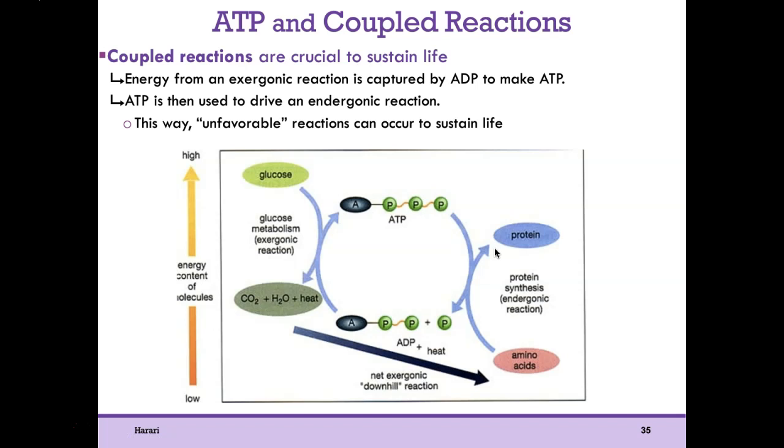Right, cells couple the hydrolysis of ATP to endergonic reactions. Right, the ATP hydrolysis reaction will drive the endergonic one, which does the work to make new molecules. Right, so this is how this will work. Before I go on to enzymes, I just want to quickly illustrate how this coupling really works. Right, so a cell uses ATP as an energy source by phosphorylating another molecule.